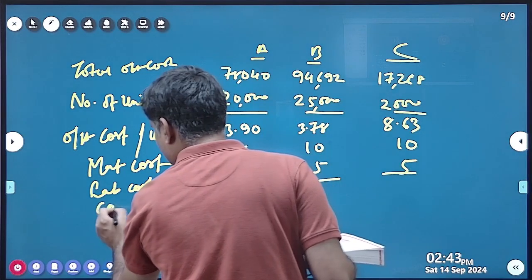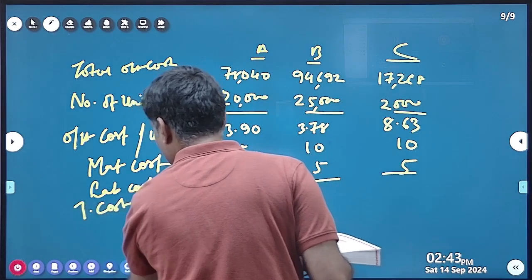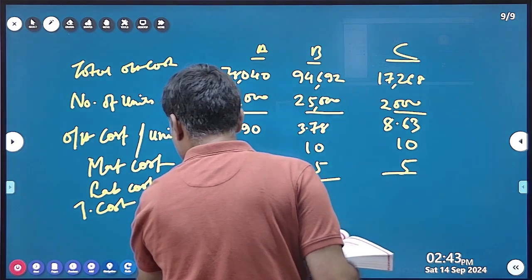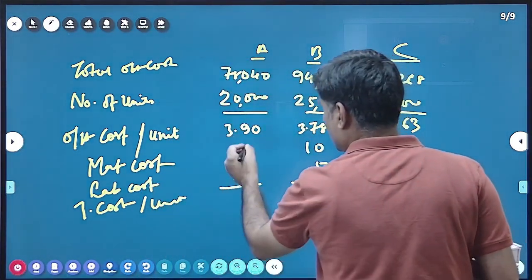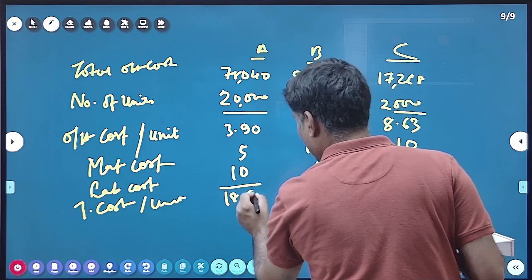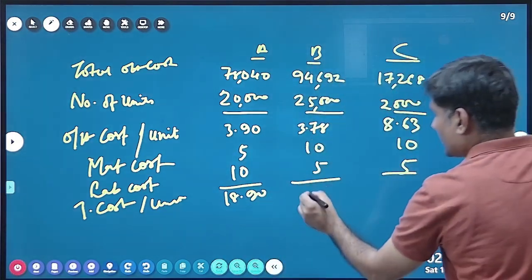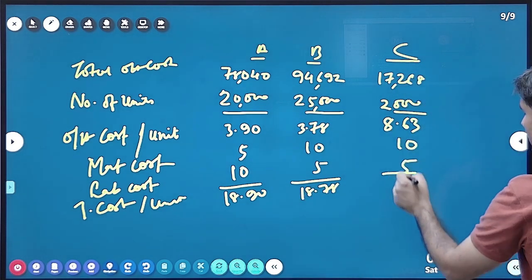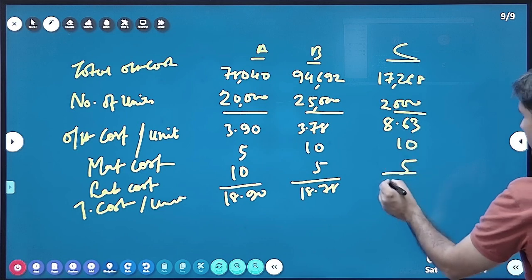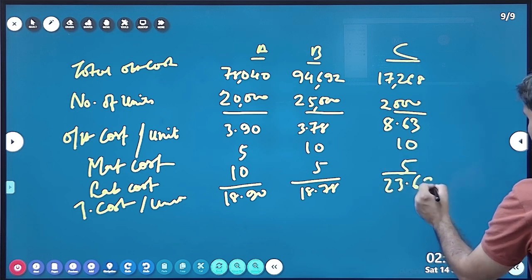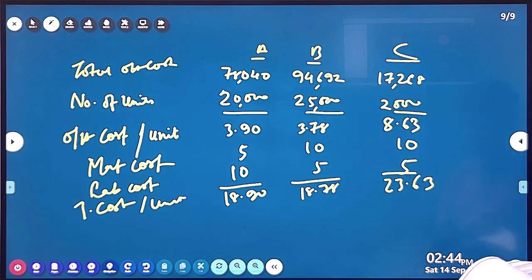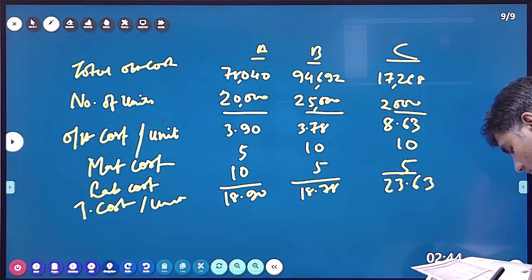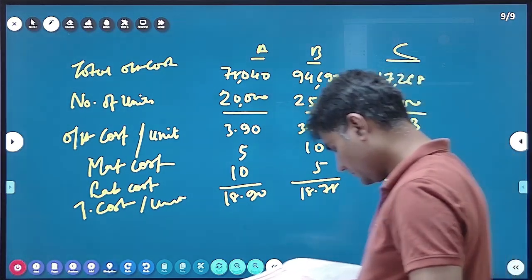Cost per unit: 18.90, 18.78, 15 plus 8 is 23.63.